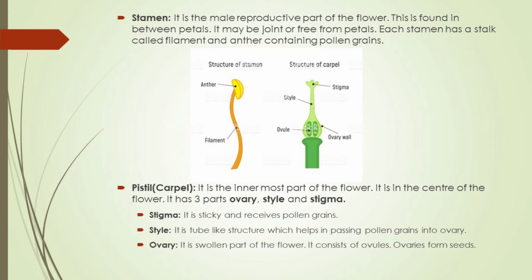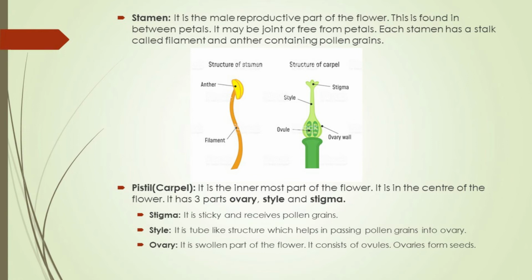So, stigma is sticky and it receives pollen grains, whereas style is a tube-like structure which helps in passing pollen grains into the ovary. And the ovary is a swollen part of the flower and it consists of ovules which further form seeds of the flower.